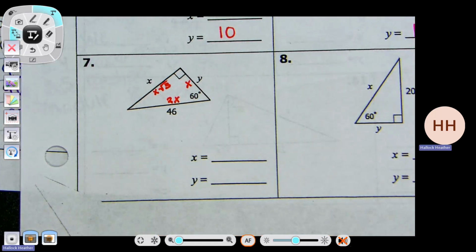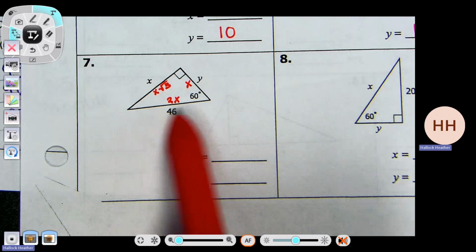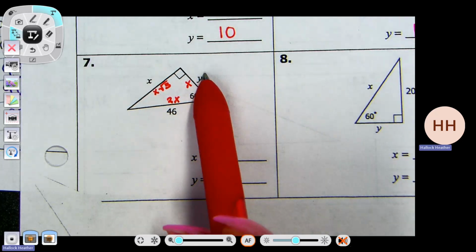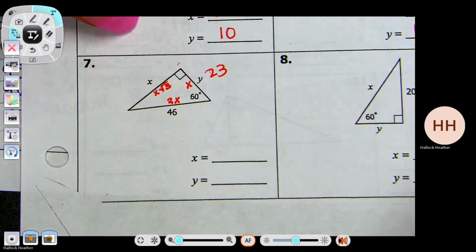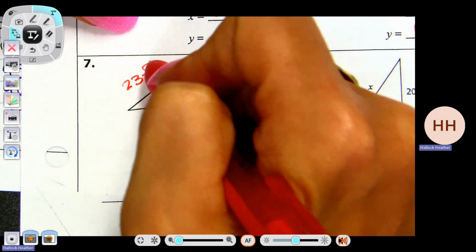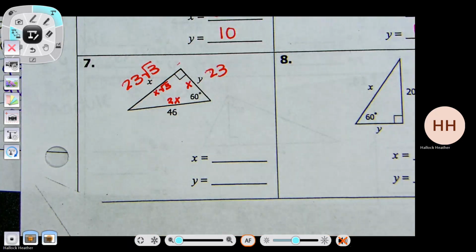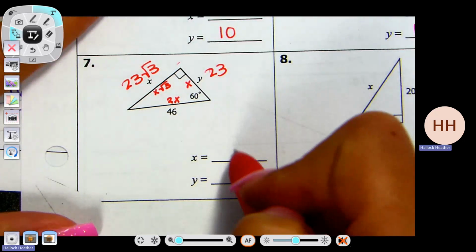Okay, so if you're given the hypotenuse is 46, what's my base? 23, because I had to cut it in half. And then what's my height? 23 square root of 3. Is that what we got? Yeah. Okay, let's keep it moving.